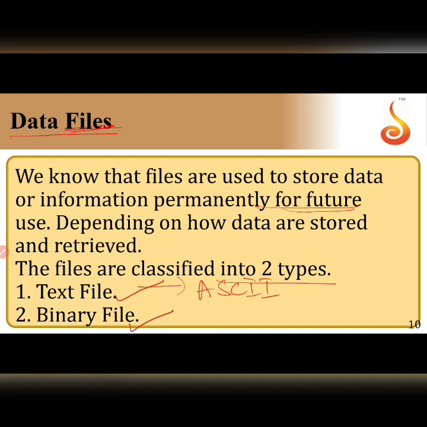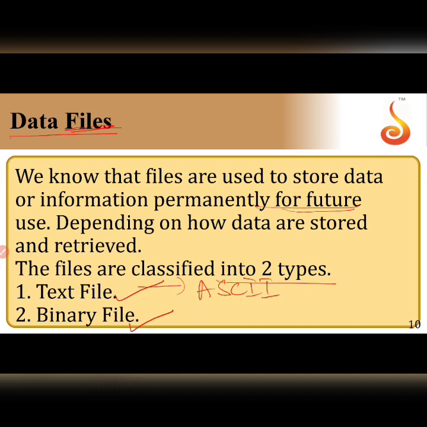It is nothing but a stream of characters which are sequentially processed by the computer in a forward direction. A text file contains visible characters, you can see the contents of the file on your monitor and you can edit it also by using any one of the text editors.